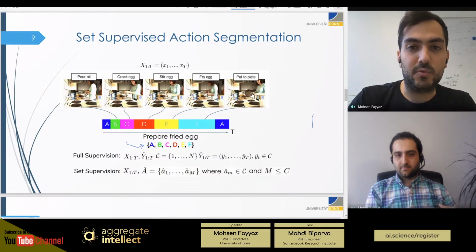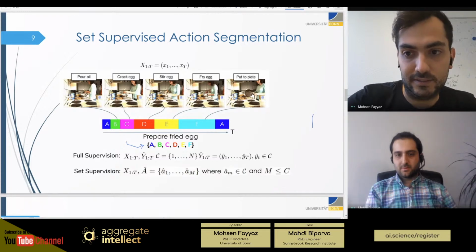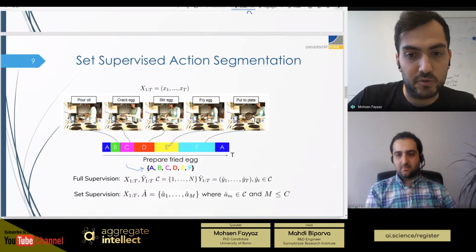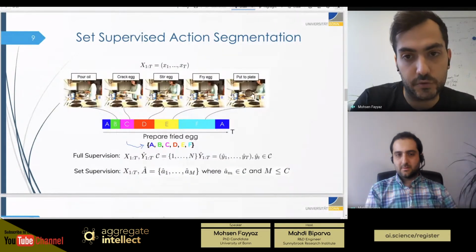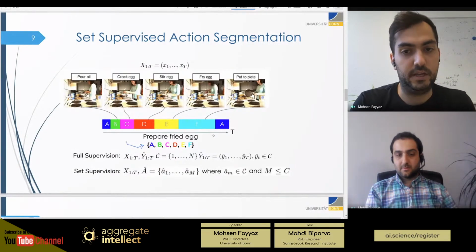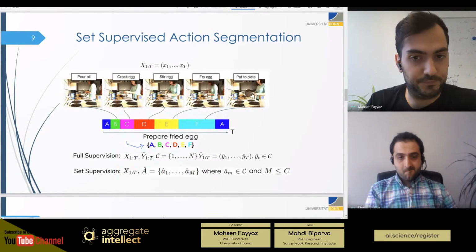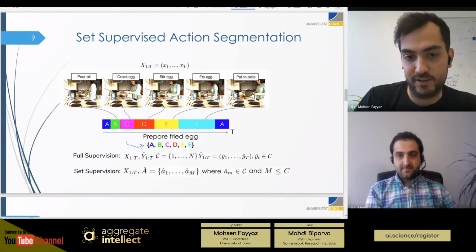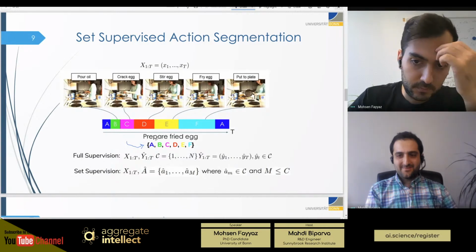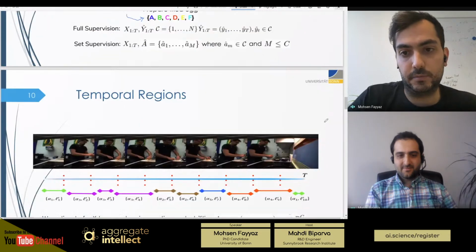The problem, however, is a little bit more difficult compared to the previous one, because here we don't even know how many times the action has occurred in the video. As you can see, for example, for A we just have one, and we don't know the order. And it makes it really, really hard. So let's see how we have tackled it in our CPR paper.